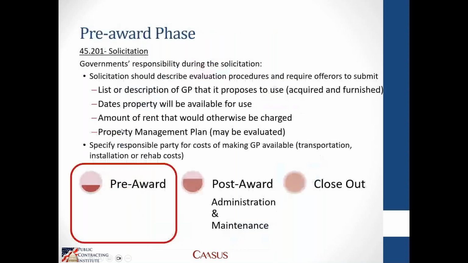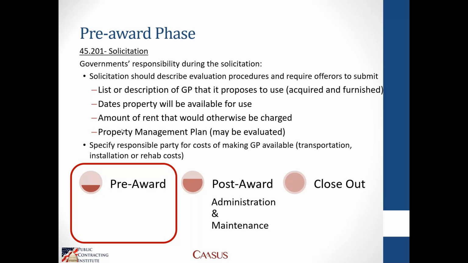So during the pre-award phase, this is when a solicitation may be distributed either via SAM or a broad agency announcement or something like that. And the government has specific responsibilities during the pre-award phase regarding government property.